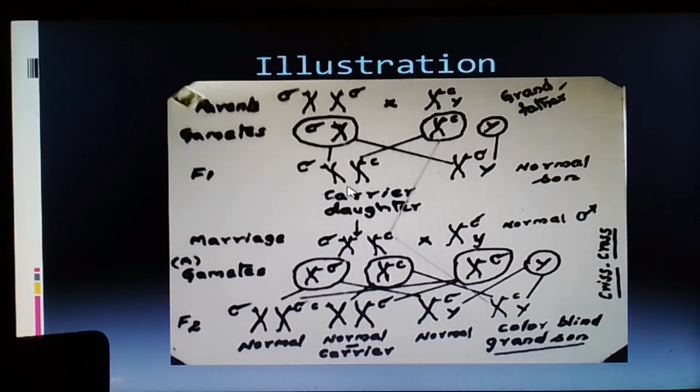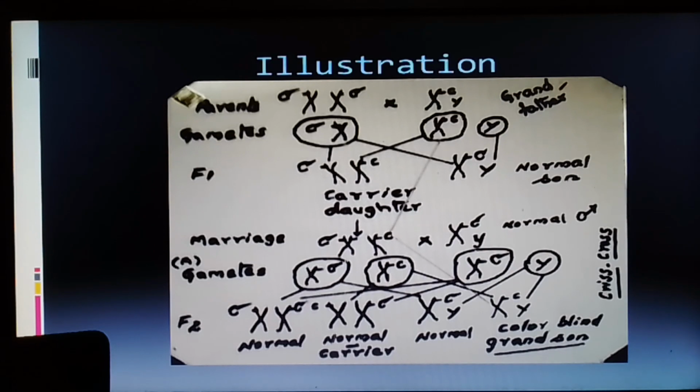Now the female, the daughter of this pair of parents, carries two X, but one X with capital C and the other X with small c. Because of the presence of capital C, the expression will be normal.